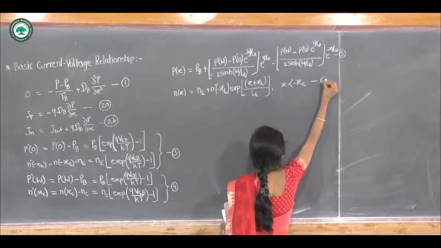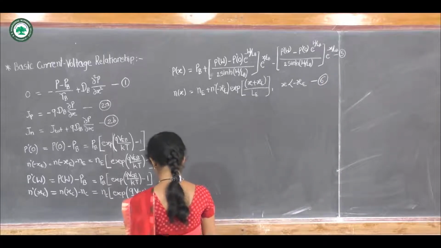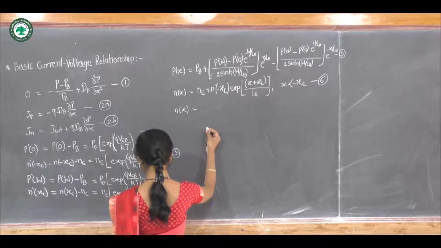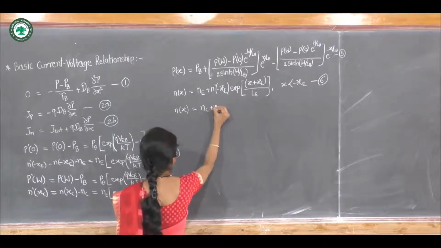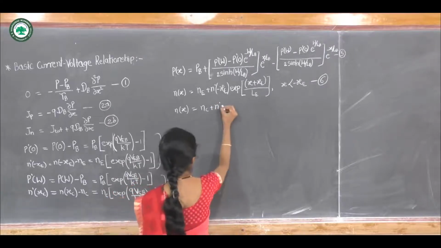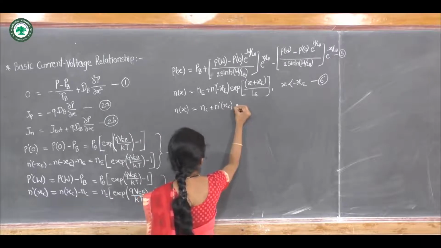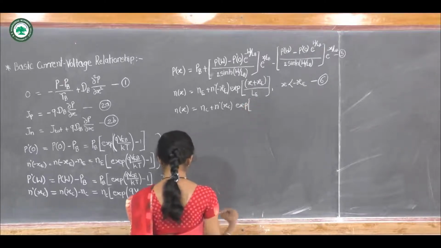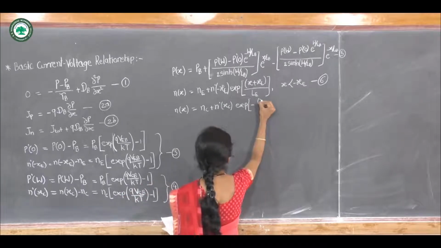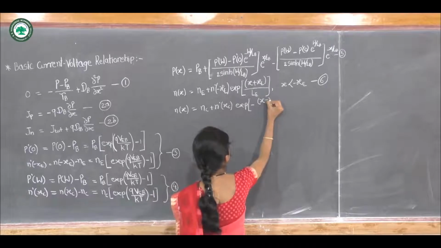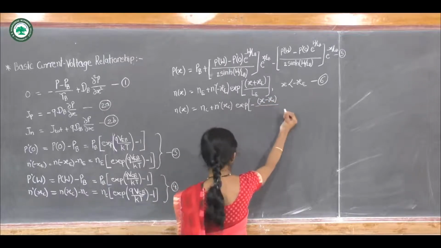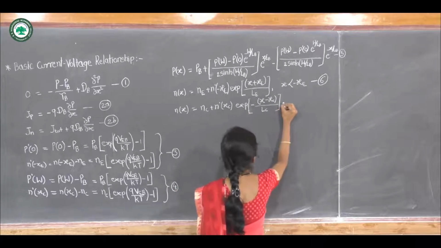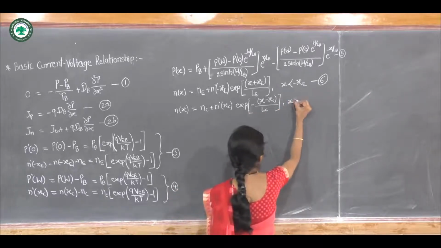This is equation number 6, and the electron distribution in the collector is given by n of x equal to NC plus n dash of XC into exponential of minus (x minus XC) upon LC, for x greater than XC.